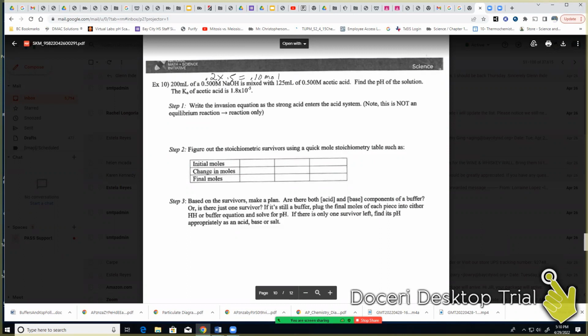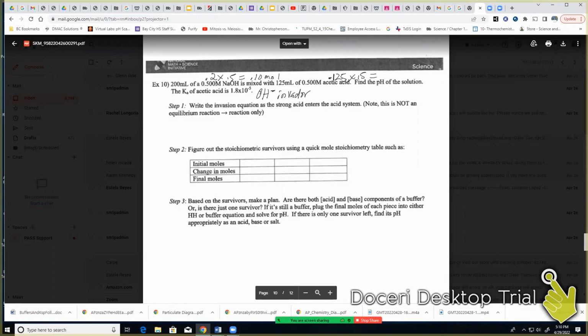0.10 moles of my sodium hydroxide, and this is a strong base, so that means my hydroxide is going to be my invader. I'm glad I'm not taking a spelling test for Monday myself. 0.5 gives me how many moles of that?